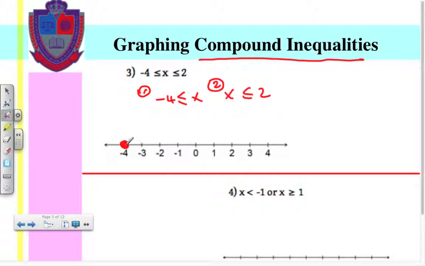Greater than or equal to is a closed circle all this way. X is less than or equal to positive 2. Again, closed circle, and it's going to go this way. So your answer is basically everything that's in the middle of these. Anything that's between these, in yellow, is your answer.